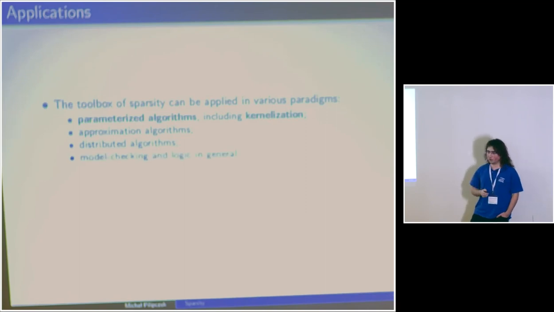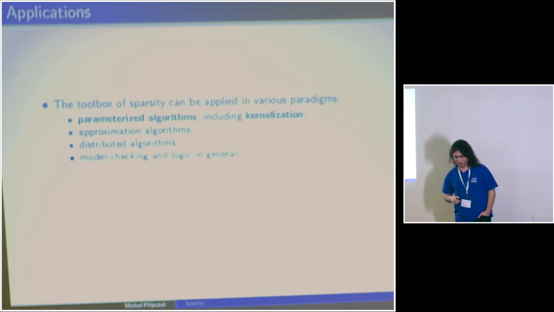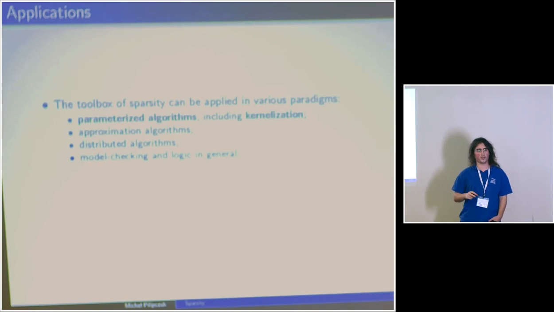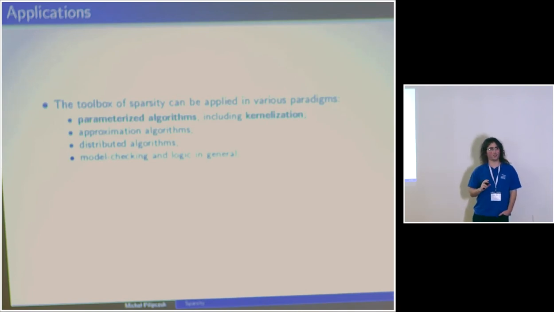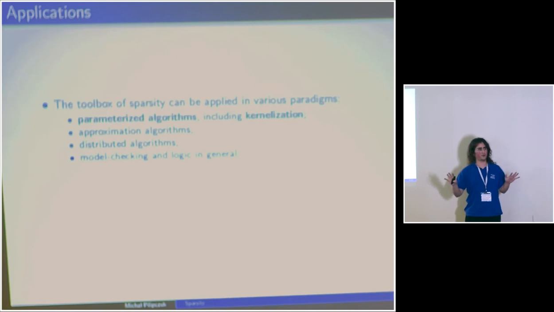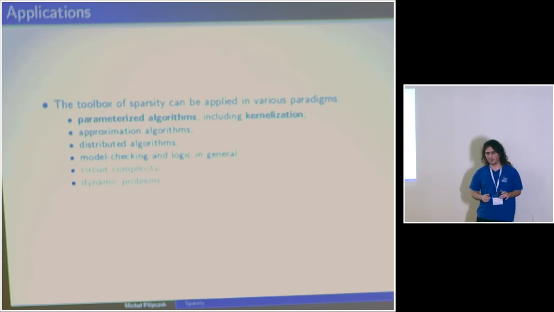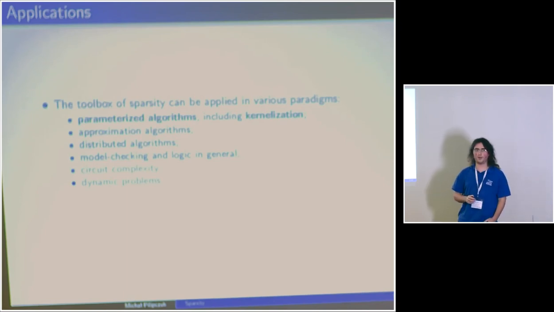And if you look at the logical side, there is also this whole line of work that I will mention later about model checking first order logic on sparse graphs. And it turned out that nowhere denseness and bounded expansion are really well tailored for this kind of treatment. We see a few more areas where applications could be found, meaning this is work in progress.